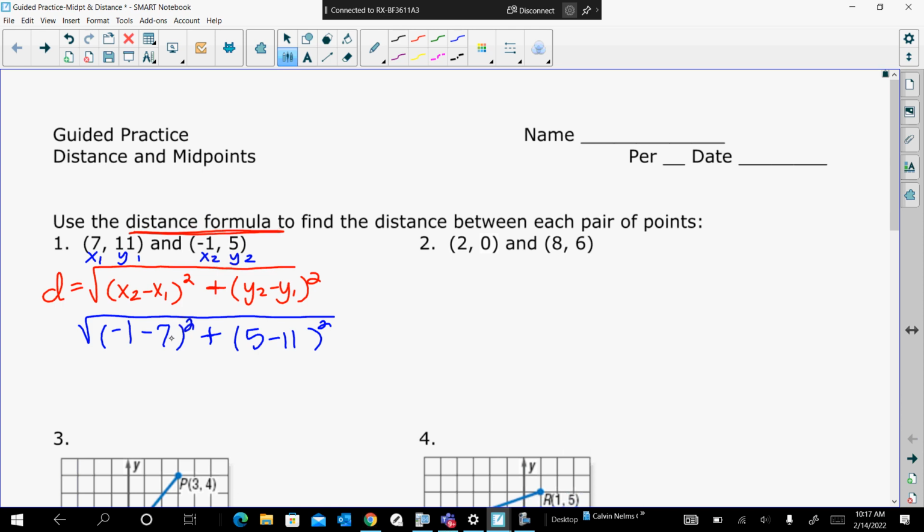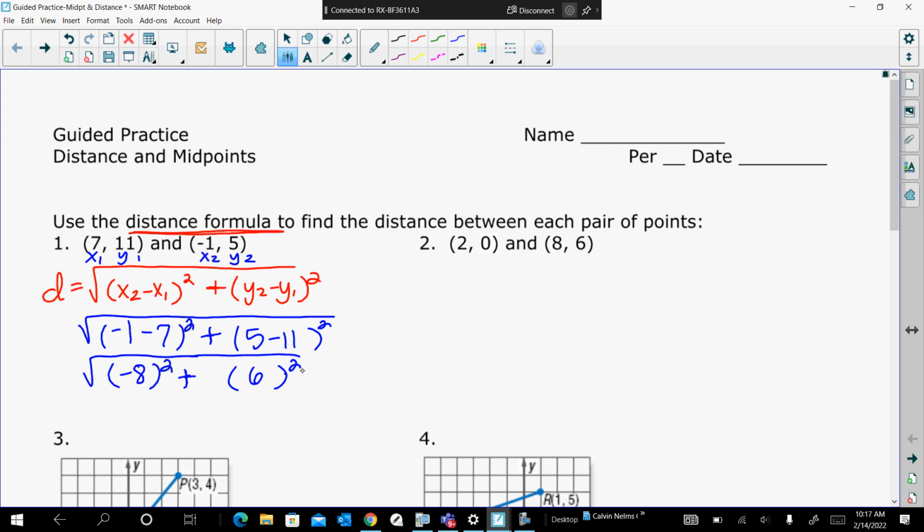So a negative 1 minus 7, what does that get simplified to? What number is going to remain in the parentheses? A -8, and then we square that number. 5 minus 11 is -6. So that's -6 inside the parentheses, and then we square that number.